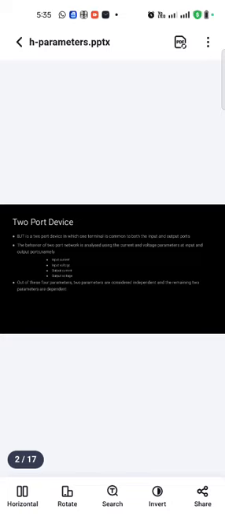Because here two ports are there: input port as well as output port. The input port we indicate as 1 or I, and the output port we indicate as 2 or output.